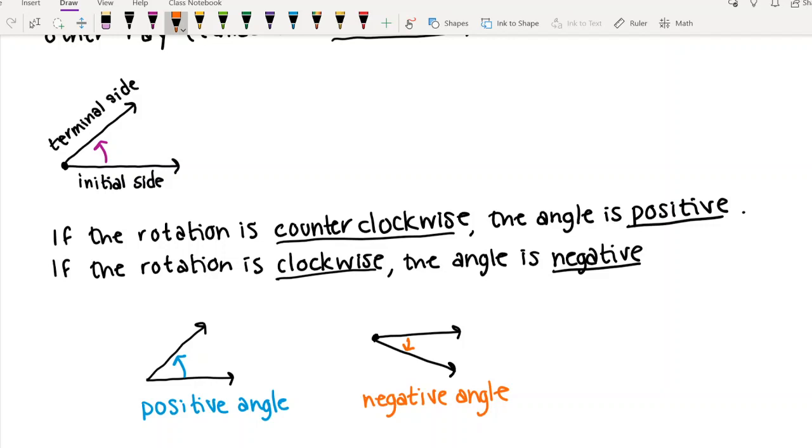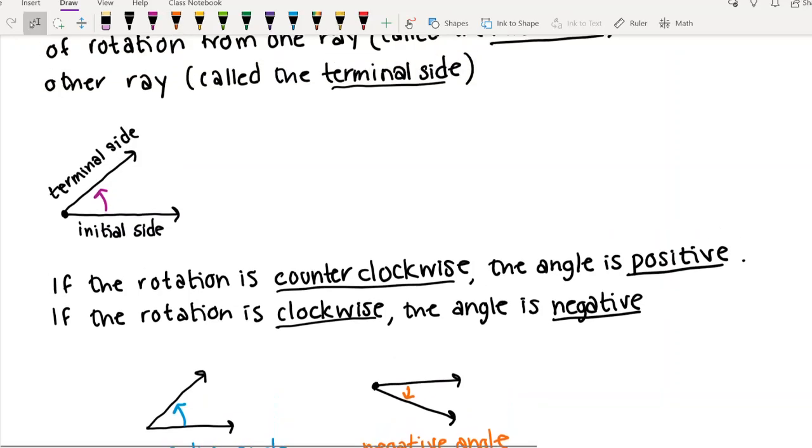One other thing that is worth mentioning somewhere, and I might as well say it now, is that when we're talking about angles, we're frequently going to use a specific Greek letter to name those angles, and that is called theta. So maybe I'll write this in this little space up here.